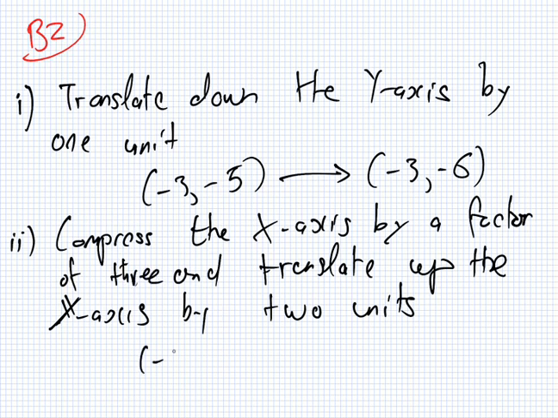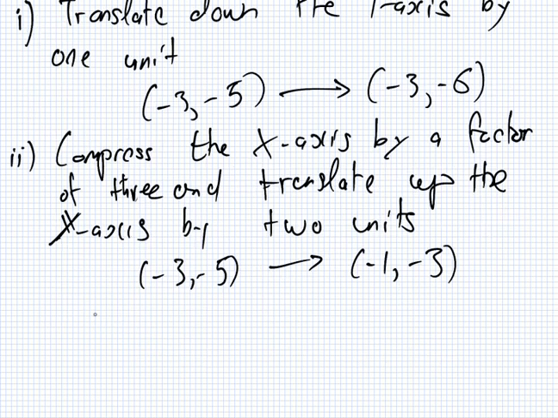So our point -3 -5 would go to -1 -3. So I'm really clocking up easy marks here. I already have 5 of them.